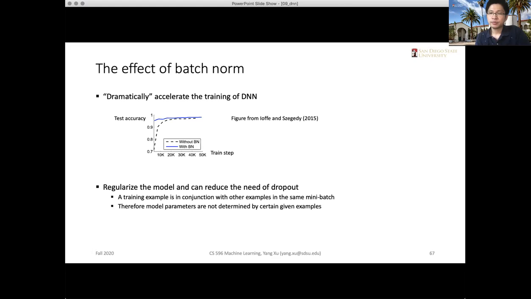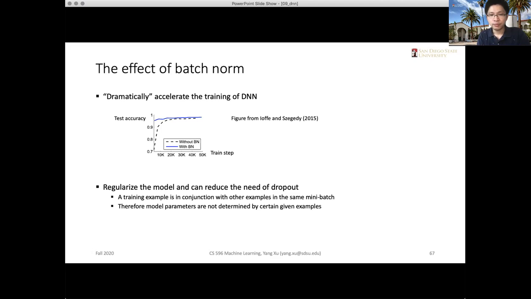And some people would choose not to use dropouts if batch norm is already used. The thought is that one training example is used in conjunction with other examples in the same mini batch.